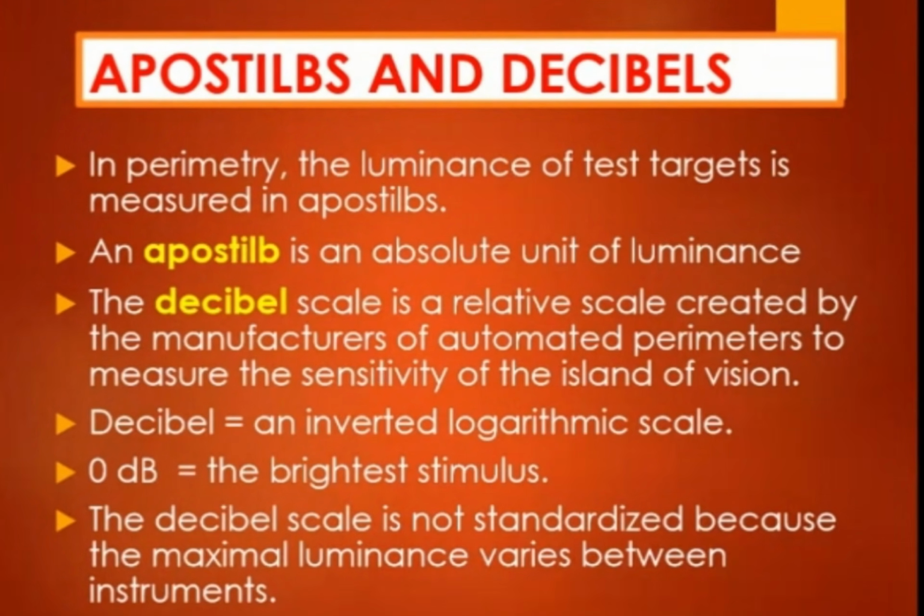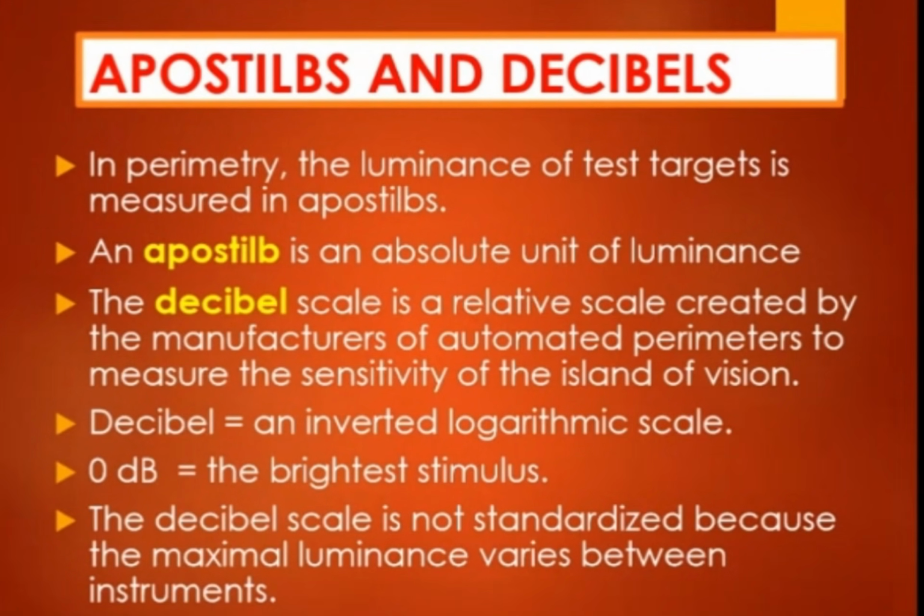Decibel represents the sensitivity of a particular retinal point. So in those results, be it the total deviation, wherever you see a high Apostilb, you will notice a low decibel. Wherever you see a high decibel, you will notice a low Apostilb. So the decibel is an inverted logarithm.